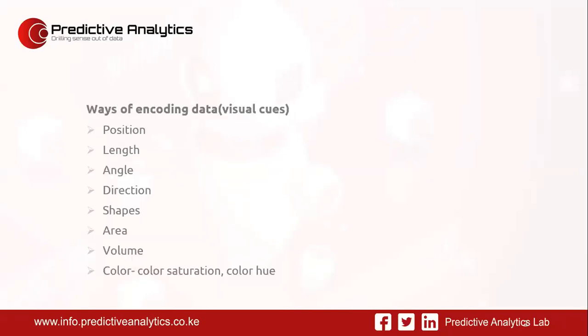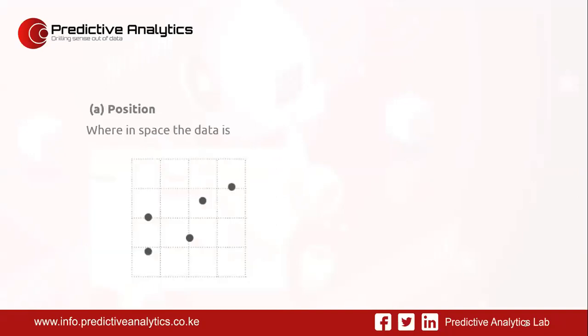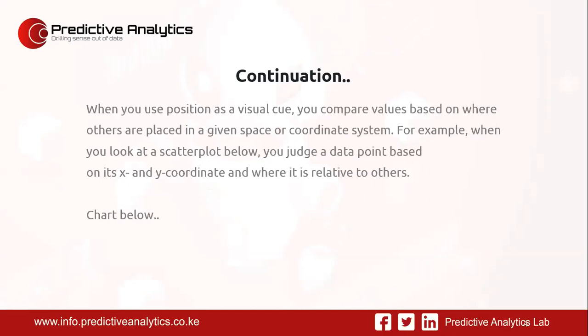So encoding by position, for example, is encoding by where in space the data is. What you're seeing on your screen, for example, is a scatter plot. So we can encode data by position.